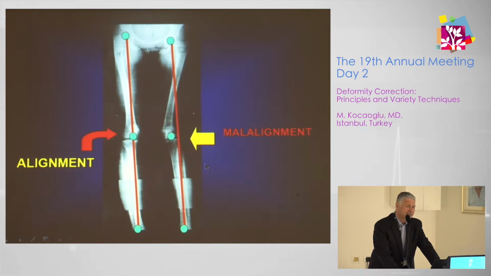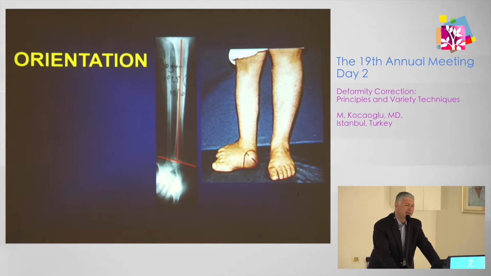And the malorientation defines the position of the joints to the ground. You see a malorientated ankle joint here with a very well aligned lower limb.